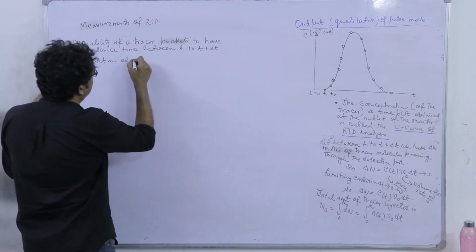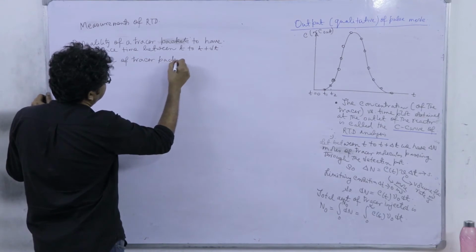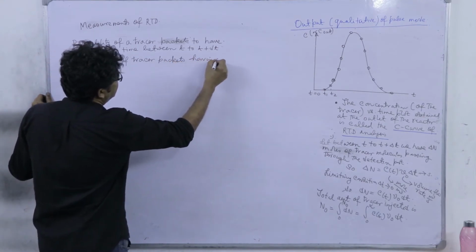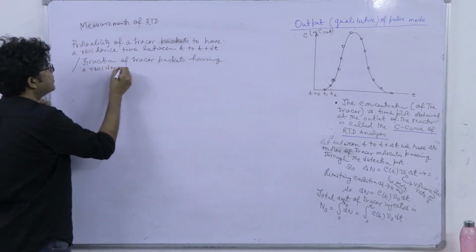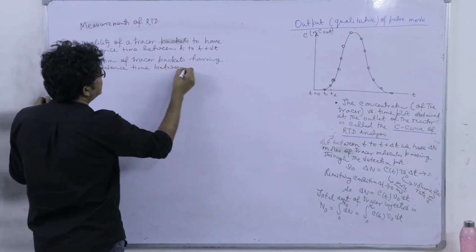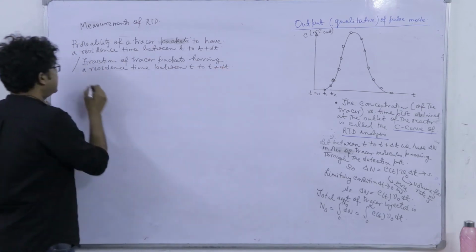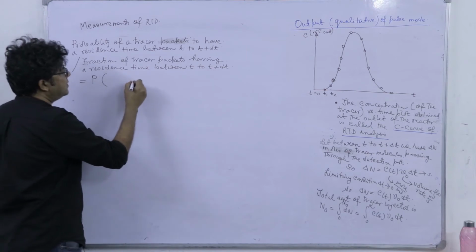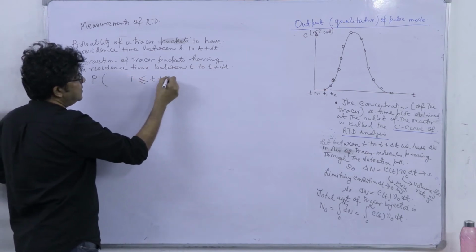So, fraction of tracer packets having a residence time between t to t plus dt, which is basically the probability that capital T, the variate, lies between t and t plus dt.